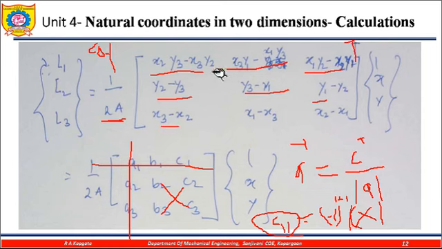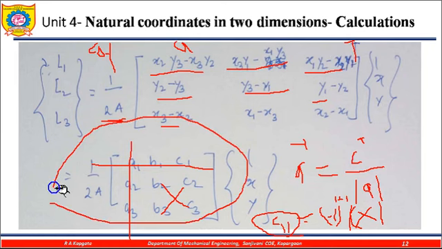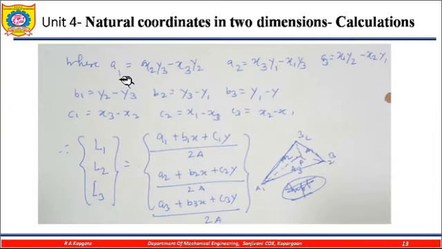So instead of these terms, I am writing this is the A, this is the B, this is C. So A1, B1, C1. According to that I am getting this parameter. This is equal to, where A1 is equal to this formula, B2 is equal to this, C2 is equal to this one: A, B1, B2, B3, C1, C2, C3.